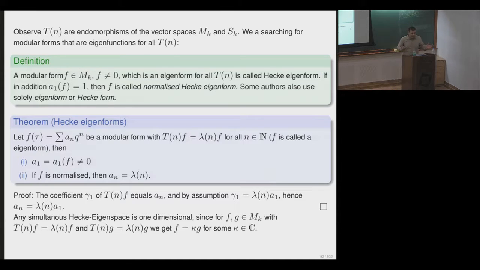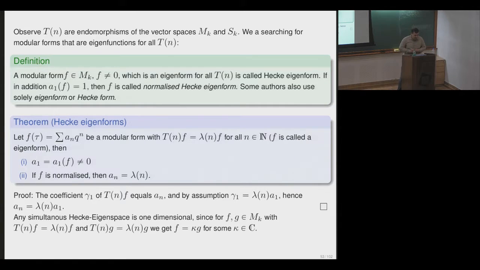You can apply this, and therefore it is an honest, reasonable question to ask what are the eigenforms for these Hecke operators. We call them eigenforms, and we can even normalize this, which then has nicer formulas, by requiring that the first coefficient is 1.